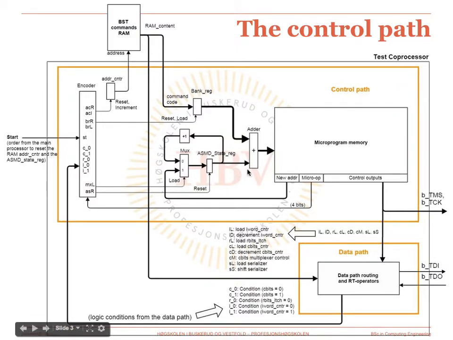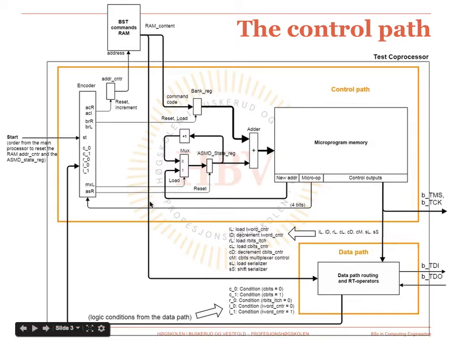Notice that the microprogram memory address will be incremented by 1 for each system clock cycle, provided that the load control signal for this multiplexer remains at 0, so this loop will be in place. The encoder on the left is responsible for taking the micro-operation code coming from the microprogram micro-op field and defining what the control path architecture must do for each new system clock cycle.